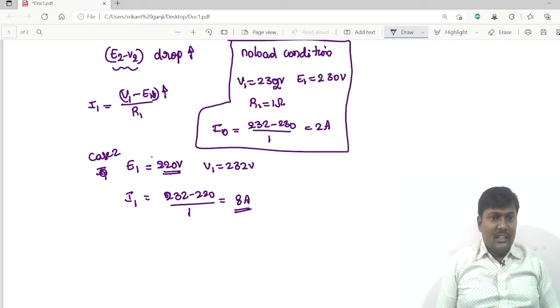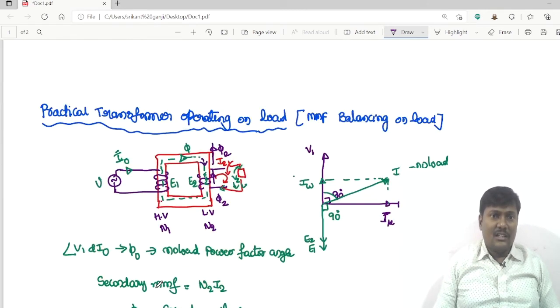See here, if the induced EMF in the primary winding decreases, the V1 minus E1 drop will increase. The current drawn from the supply increases. It will draw the additional current, that is called I2 dash. Both are phasors only. Now the resultant current is I1.